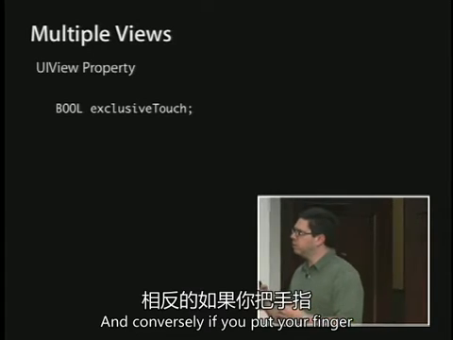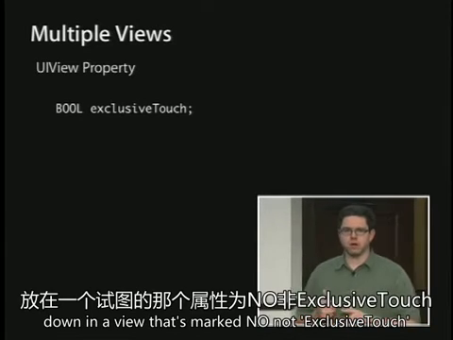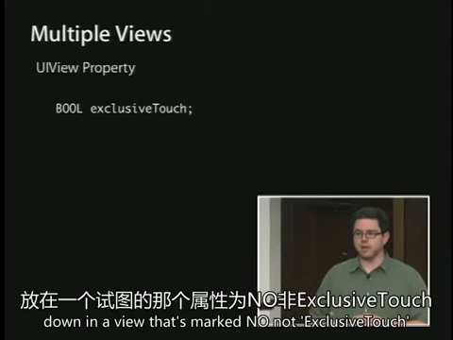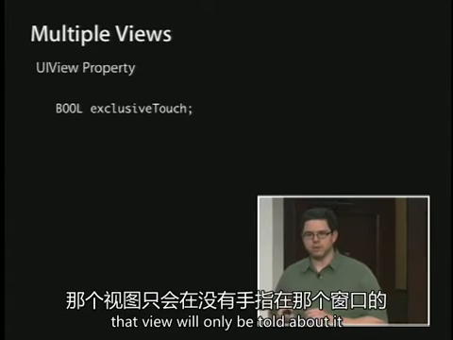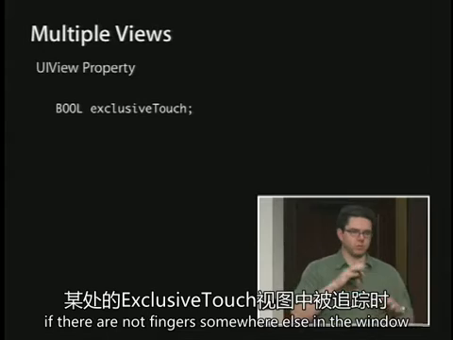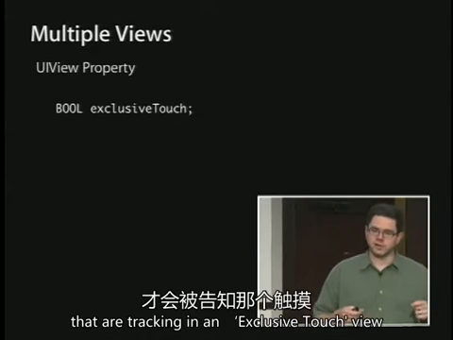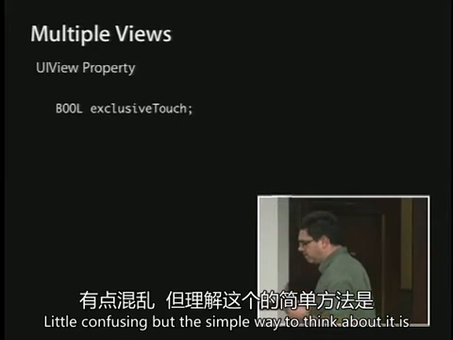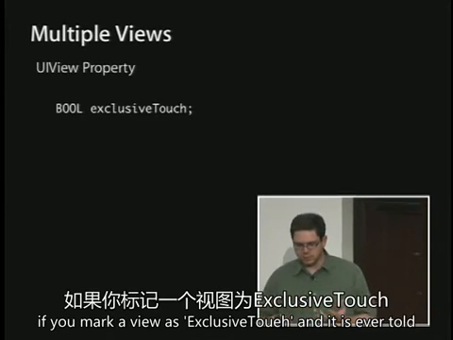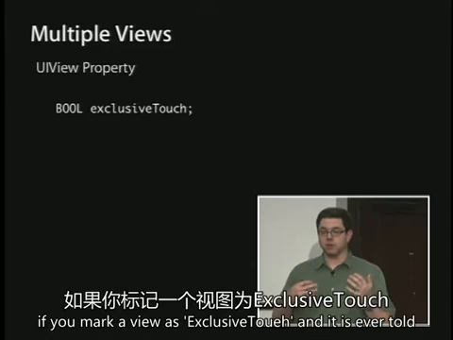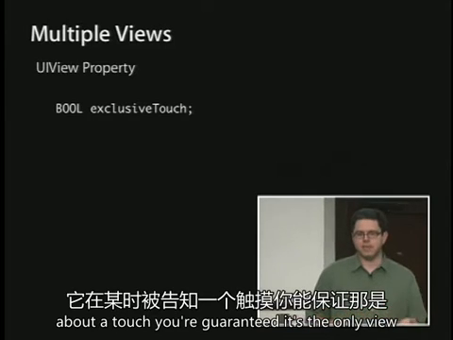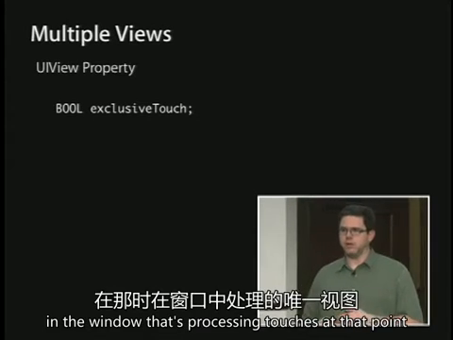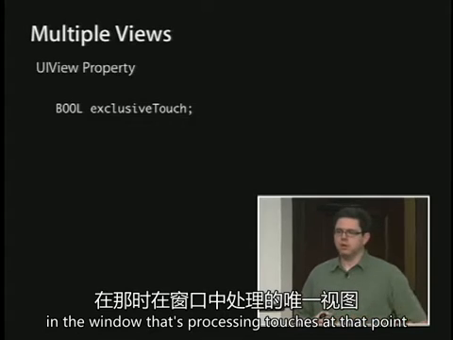And conversely, if you put your finger down in a view that's marked not exclusive touch, that view will only be told about it if there are no fingers somewhere else in the window that are tracking in an exclusive touch view. Little confusing, but the simple way to think about it is if you mark a view as exclusive touch and it is ever told about a touch, you're guaranteed it's the only view in the window that's processing touches at that point.